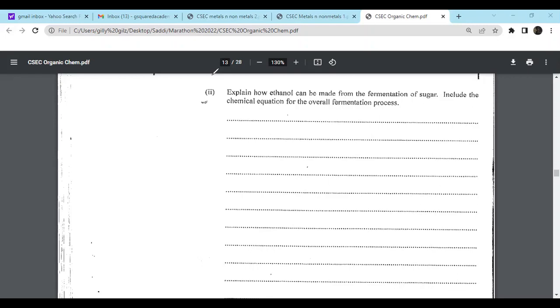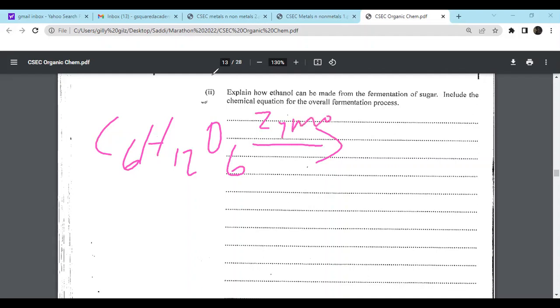Now, if, however, I were to take glucose and respire it or ferment it without oxygen, I am going to get ethanol. So I can take C6H12O6, which is the formula of glucose, and I use zymase, and this is at about 37 degrees Celsius because you do not want to denature or inactivate the enzyme, and you're going to get ethanol, C2H5OH plus CO2, which is a gas.